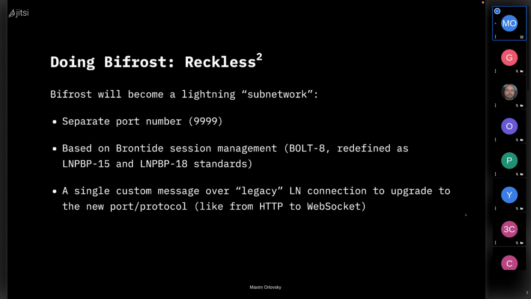Also, there will be a special dedicated feature flag that will allow Lightning nodes to signal their support for the Bifrost protocol, such that they will be able to open Bifrost connections to each other without even using Lightning Network signaling.